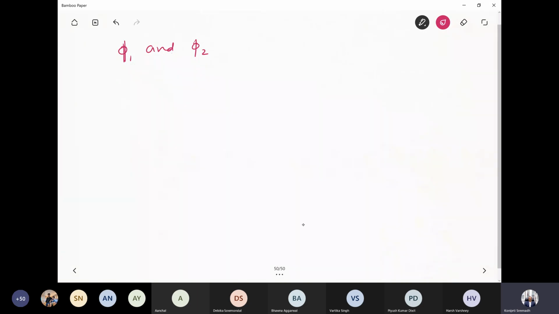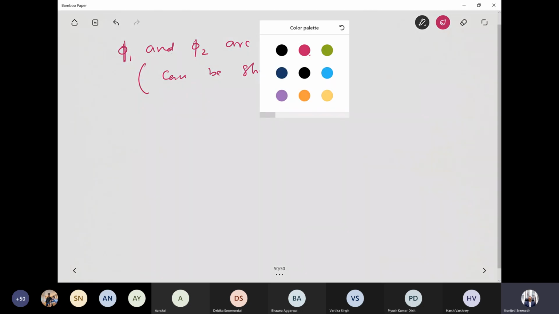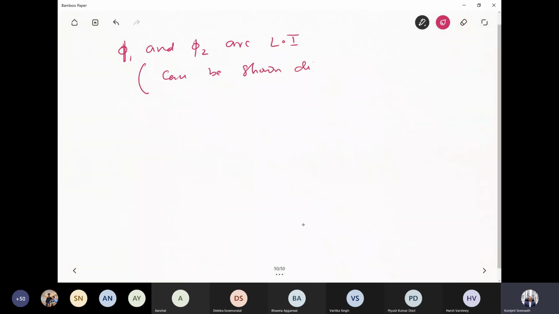Okay, so Phi1 and Phi2 are linearly independent. So it can be shown directly also. Try this. So these are the linearly independent nature of these functions.